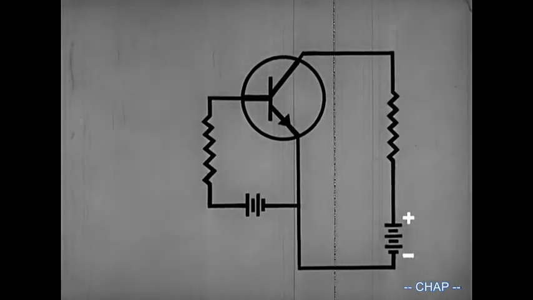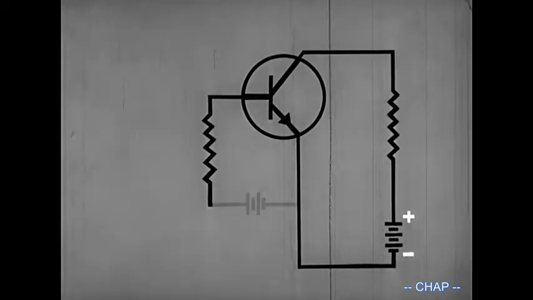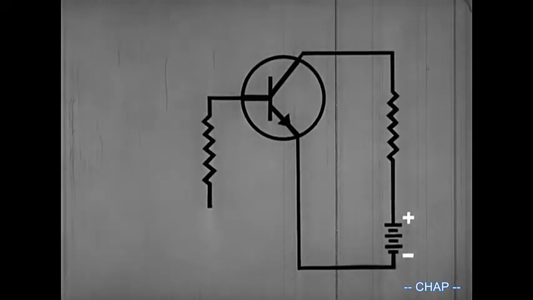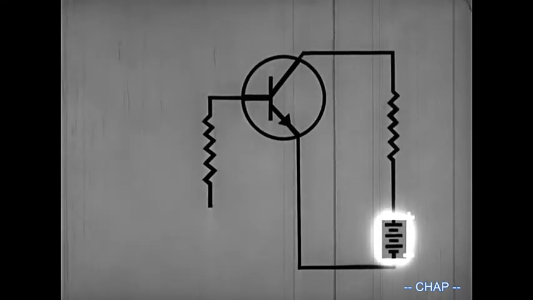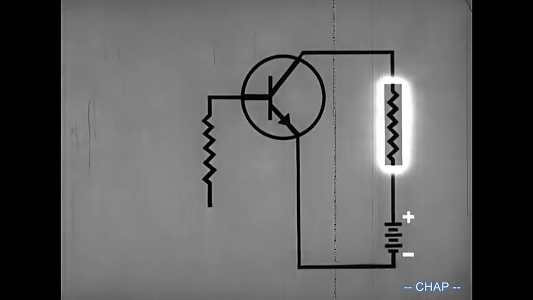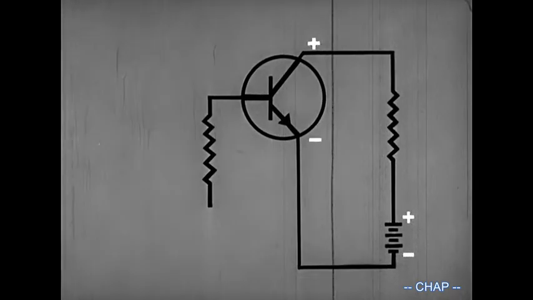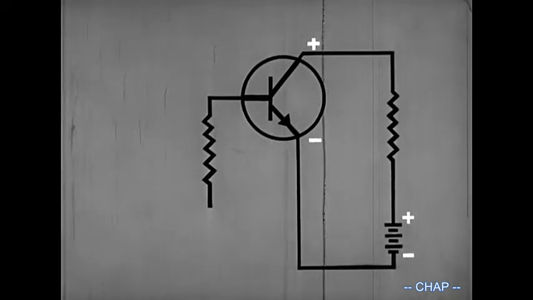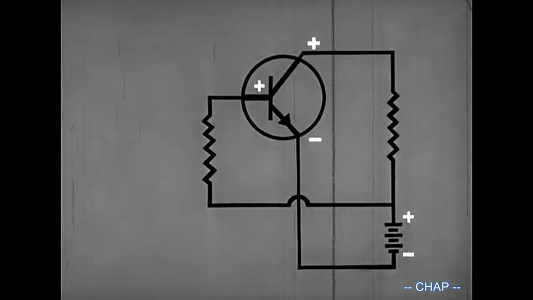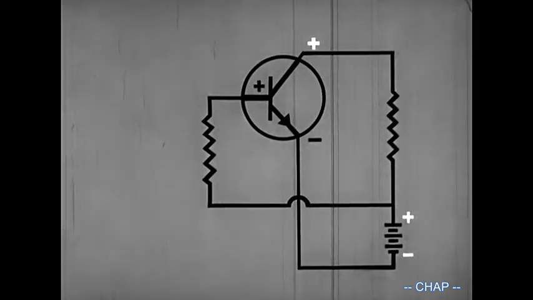In fact, there's no reason why we shouldn't be able to eliminate one battery completely. We can utilize this battery in series with a load resistor to obtain the necessary collector-emitter potentials, and by adding a base current limiting resistor in series with the emitter-to-base resistance, we can obtain the correct forward bias voltage from the same battery.